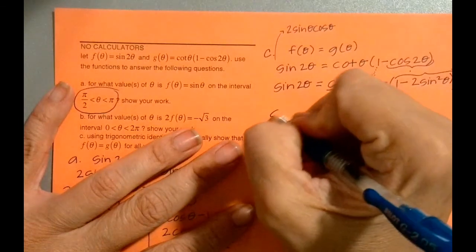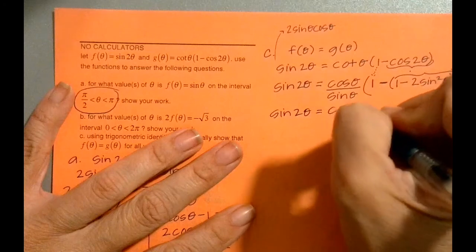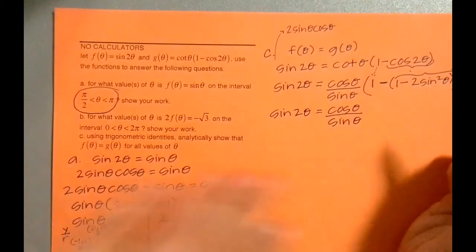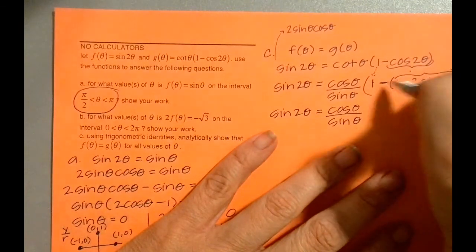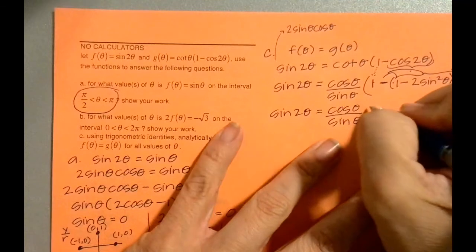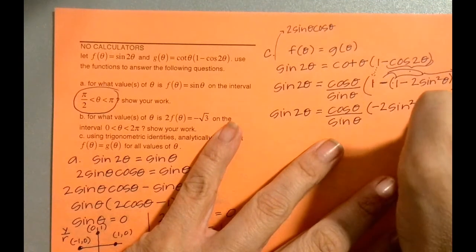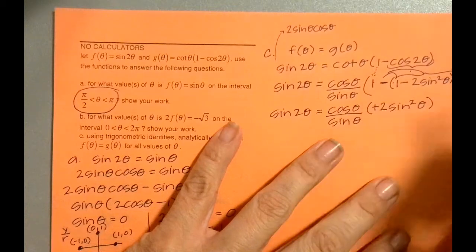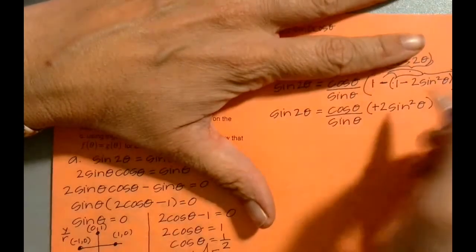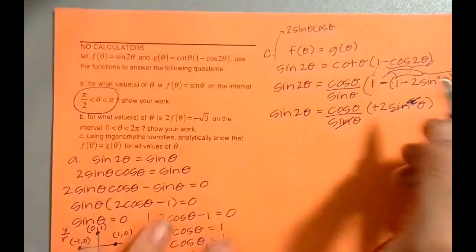Okay, so now we're going to clean that up. So if I do 1 minus 1, that's gone, and then I have to distribute, so then that's going to be negative 2 sine squared theta. Nope, it's going to be positive, because negative times a negative is a positive. Oh look, and then that cancels with that.